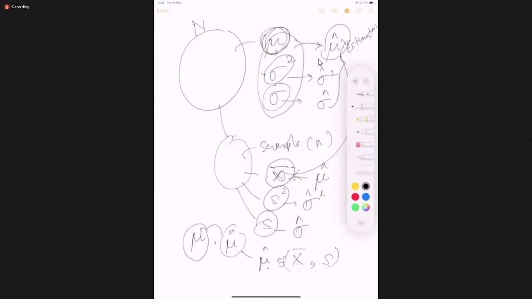Most of the cases, we estimate our population mean mu using both X bar and S. In that case, mu hat is not going to be X bar or S, but a function of X bar and S.